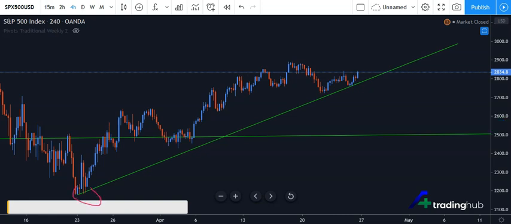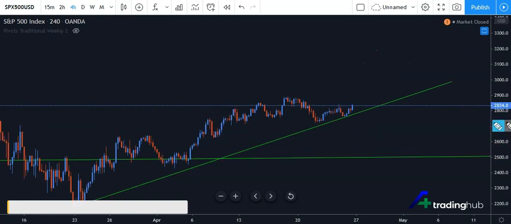You can see the trend line is being respected there, and bullish impulses are stepping in. So we look for price to also break above these highs. When we get that break, we join the trade to the next key level at 3,300 or 3,200. That will be our target for the week. So watch out for price to break above this, then push up.